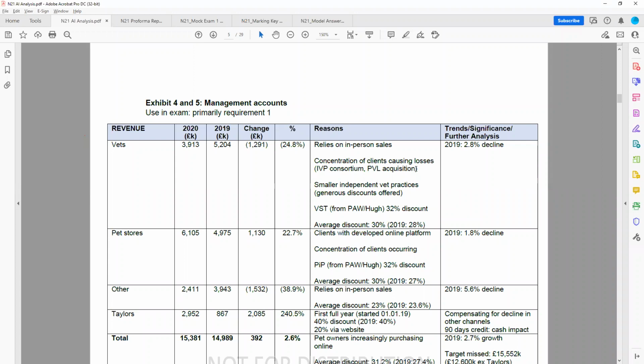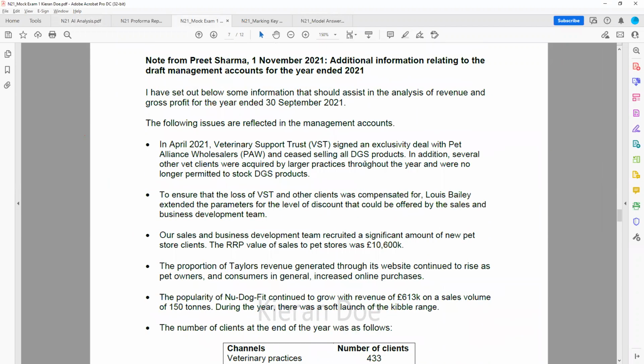You've almost programmed yourself, you've already decided what you're going to write in requirement one. And therefore, students see this as a bit of a skim over task, and you might use it if it fits in with what you'd already planned. Your approach should be the complete opposite. You want to be coming in and using this information as much as you can, and only bringing in the AI points if it definitely fits in.